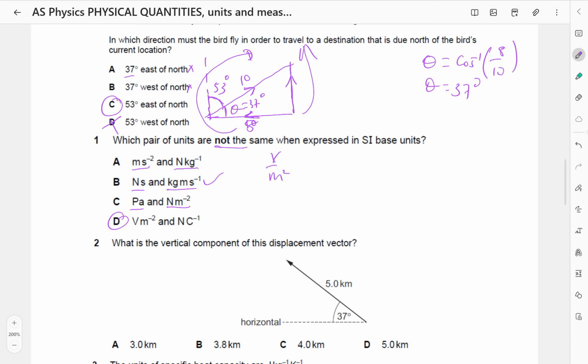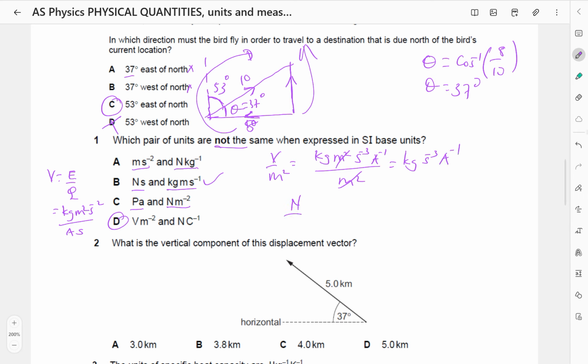Volts per meter is not the same as newtons per coulomb, we can check. Remember, volt is energy over charge. So the units are kilogram meters squared per second squared divided by ampere seconds. So the volts is going to be kilogram meters squared per second cubed per ampere, divided by meters. So the meters cancel, and you remain with kilogram meters per second cubed per ampere.